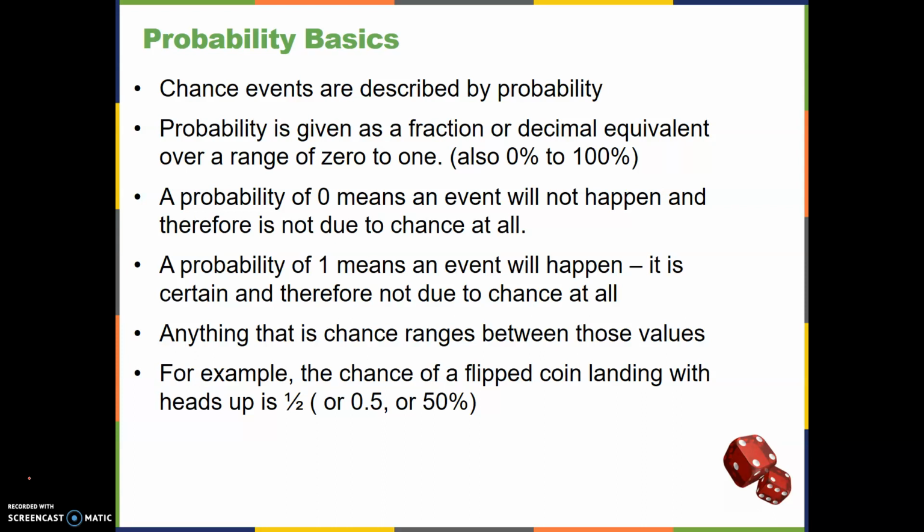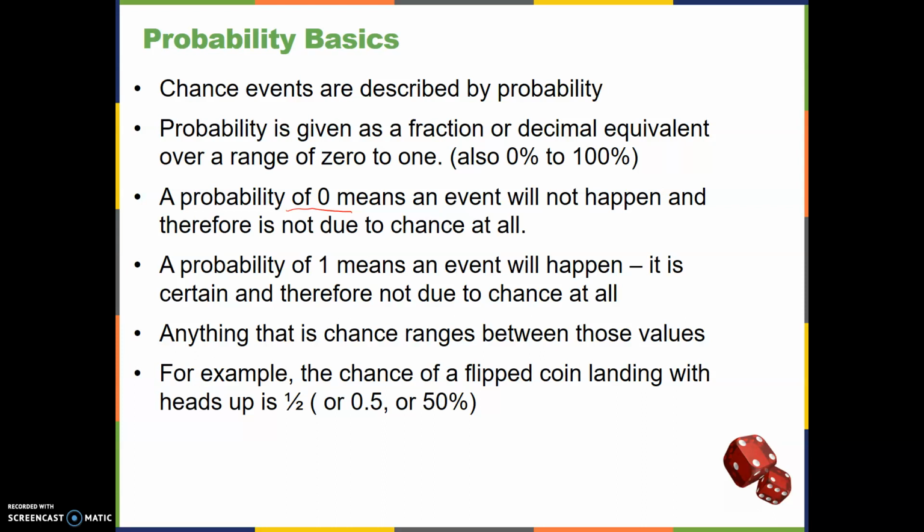A probability of 0 means that the event will not happen, and a probability of 1 means an event will happen. So it is certain. It's like 100%. 0 is like 0%, and 1 is like 100%.